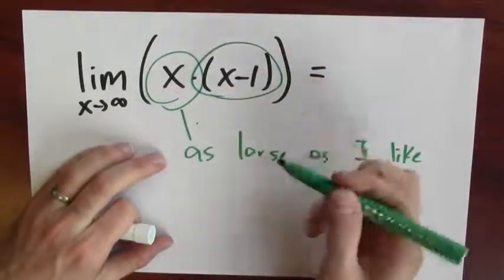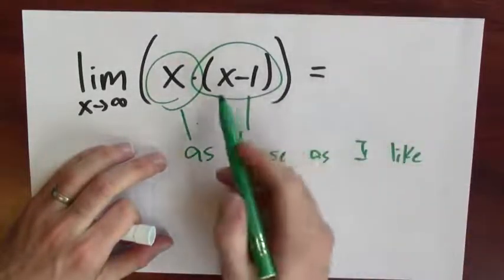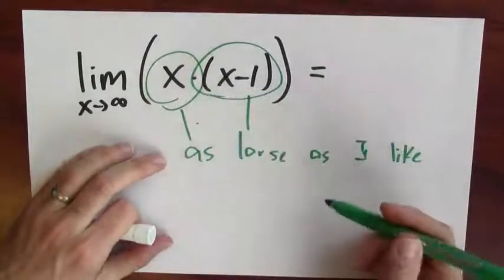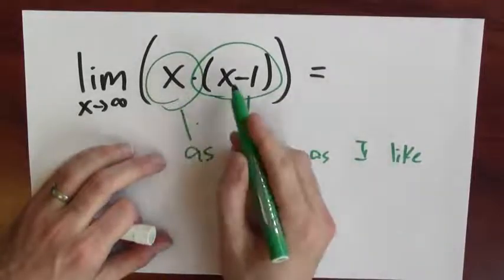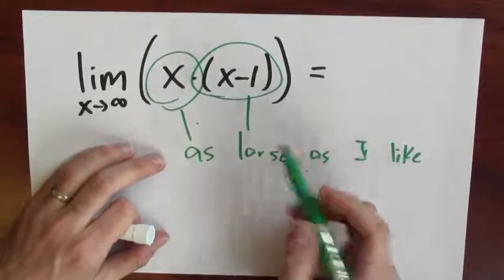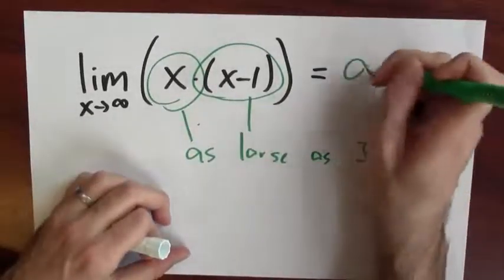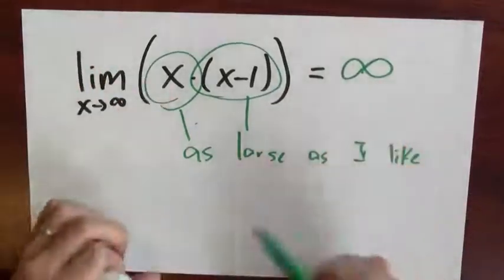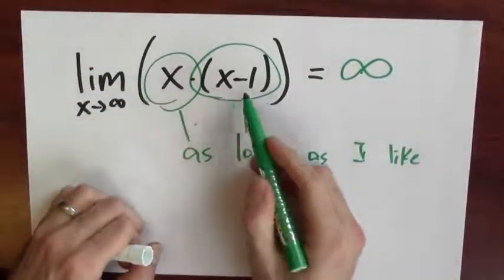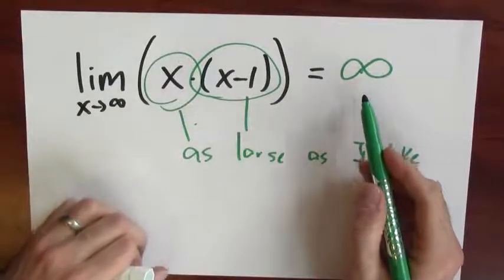X minus 1 is also as large as I like. By making x big enough, I can make x minus 1 as big as I like. And what happens if I multiply together two numbers which are as large as I like? Well, the product of two numbers that are as big as I want them to be can be as big as I want them to be. So in that sense, the limit of x times x minus 1 as x approaches infinity is equal to infinity.